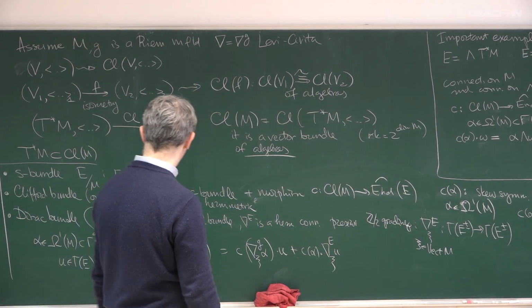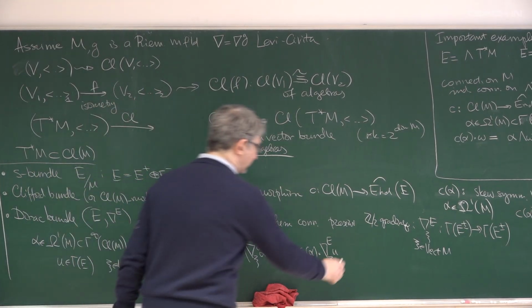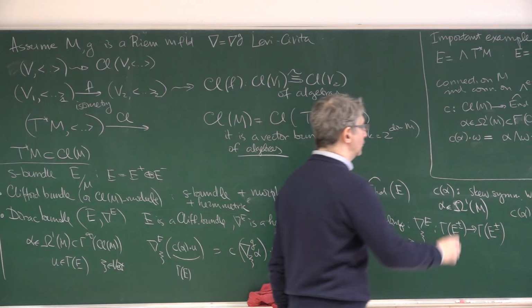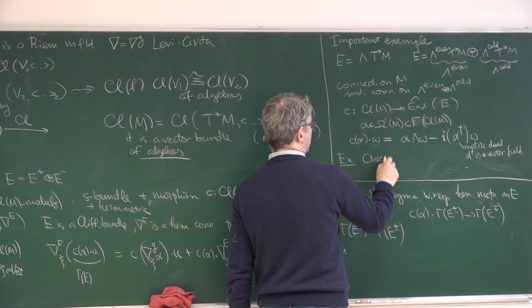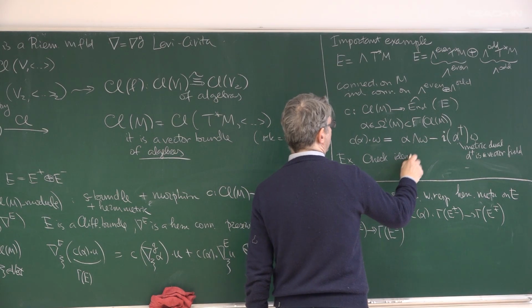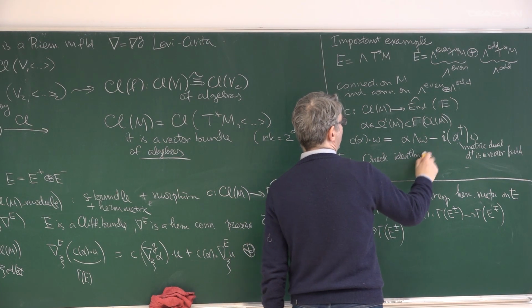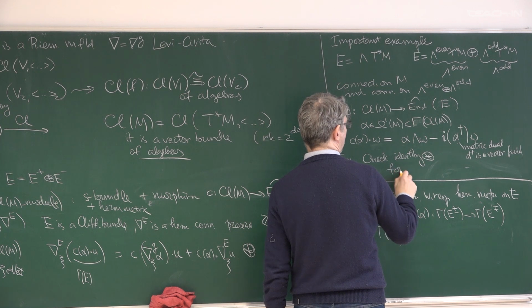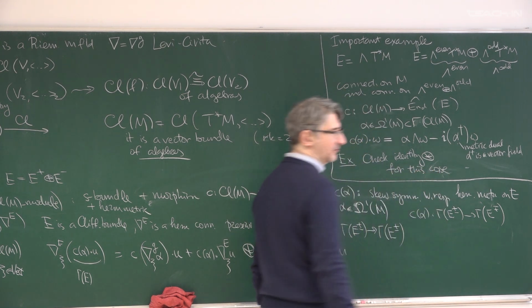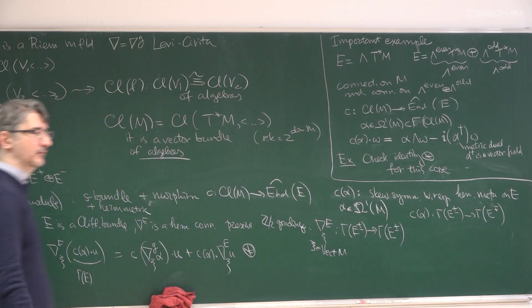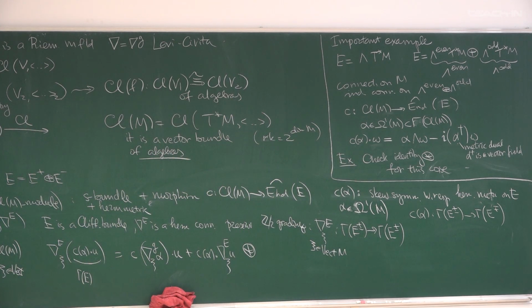It will be your exercise to check that the identity star is true for this case. An exercise in differential geometry, not very difficult. And maybe also that covariant derivative on E preserves grading, or is it obvious?